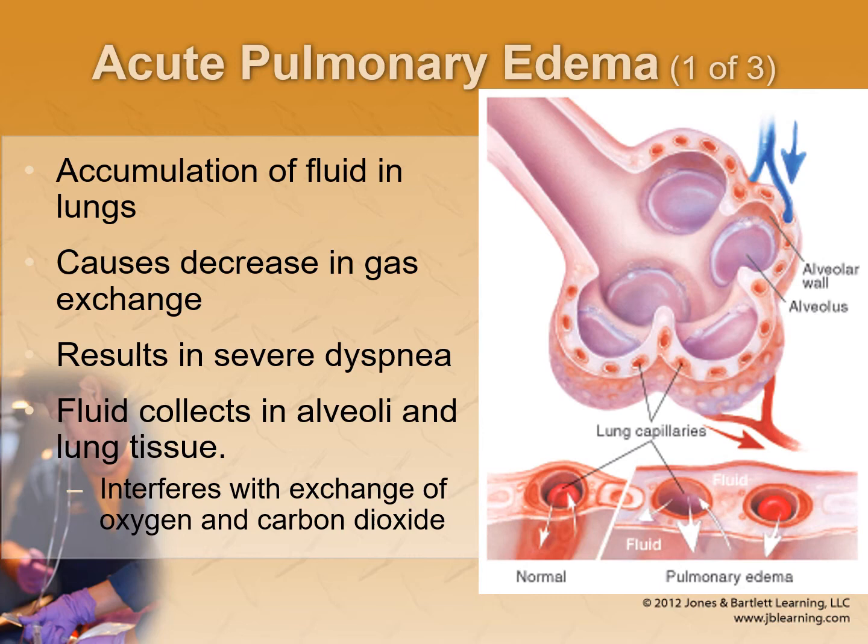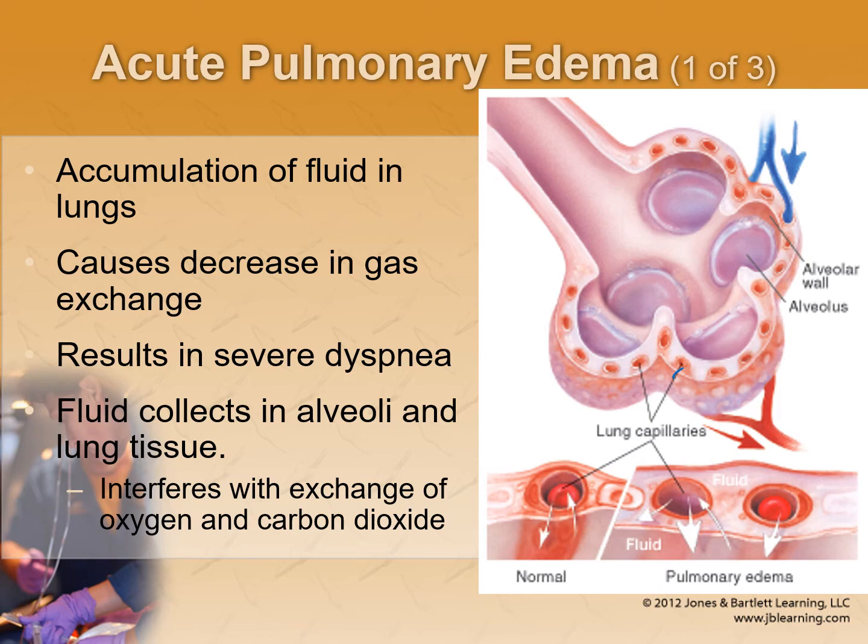So what happens is, we've got our alveoli here, and you can see, these are our capillaries, all these folks down here. And under normal circumstances, if this is the alveolar space, everything below this line here, this is the inside of the alveoli down here.